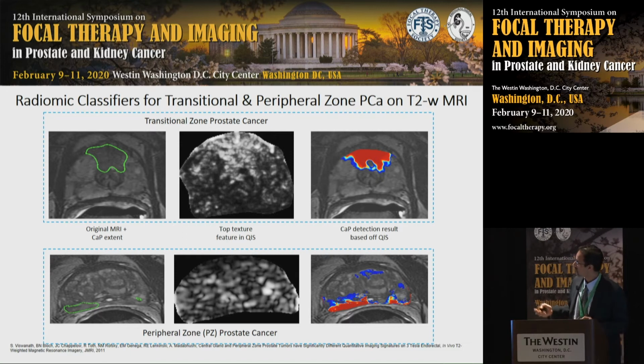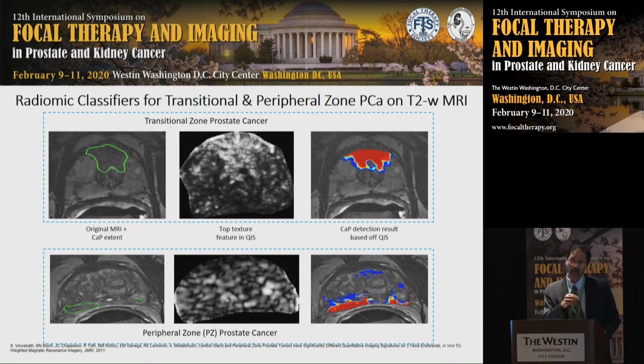So this is work we published a few years ago, where we recognized that there were significant differences in the textural appearance of peripheral zone tumors versus transitional zone tumors. Now, of course, radiologists have long recognized this. A lot of you have known this for a long time, but this study we reported on a few years ago was essentially the first quantitative evidence that the radiomic patterns we were extracting from the transitional zone and the peripheral zone tumors had to be different.